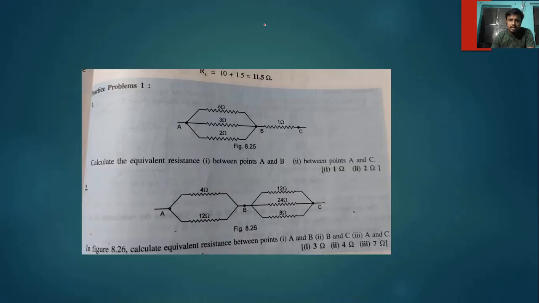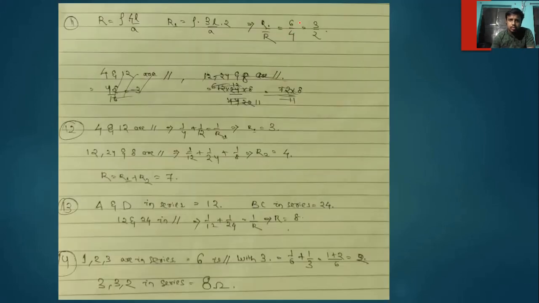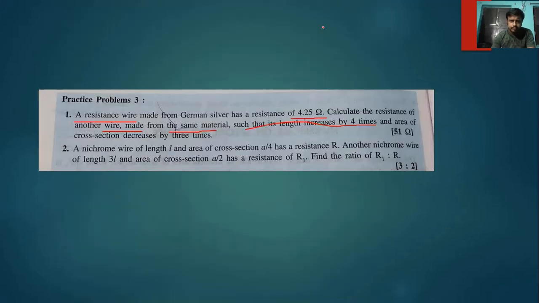This implies R1 by R is equal to, by simplifying, 12 by 1. L and L will cancel, A and A will cancel, rho and rho cancel, and we get the ratio.